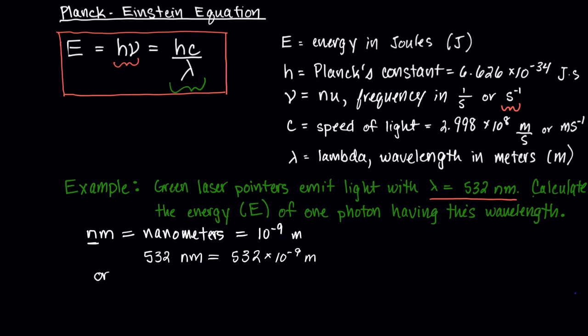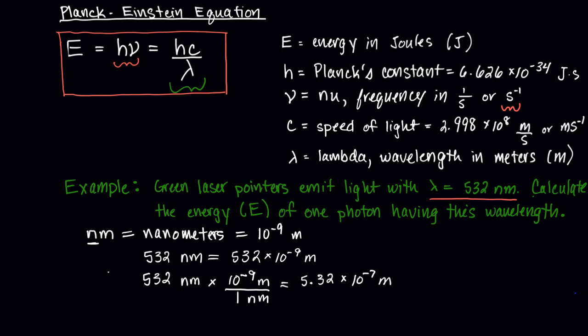Or we can do the unit conversion and say 532 nanometers times 10 to the minus 9th meters for every 1 nanometer gets us to 5.32 times 10 to the minus 7th meters in scientific notation.